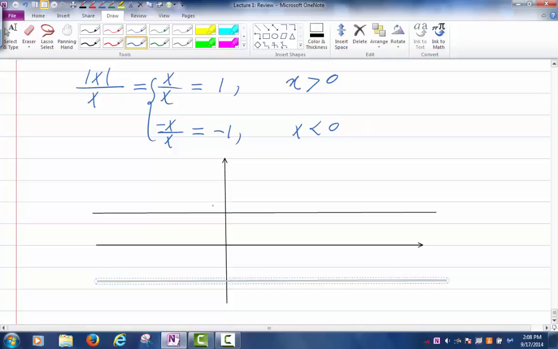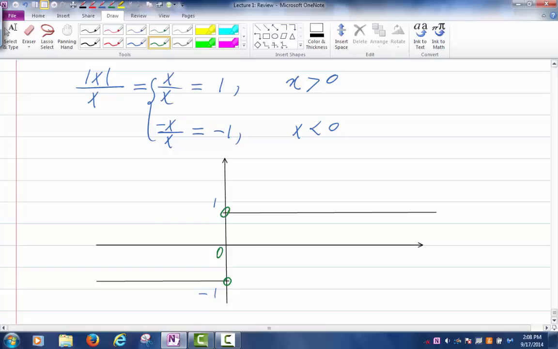So this is positive 1, this is negative 1. What's the graph of this function? When x is positive, the value of the function is given by 1, and when x is negative, the value of the function is given by negative 1. Notice that I am going to have a hole right here and here because the function is undefined at 0. So the graph of this function is exactly given by that.